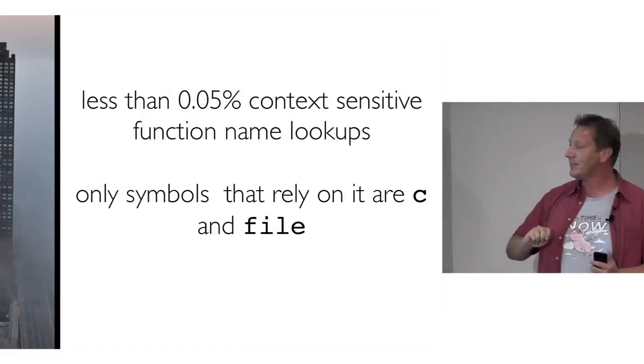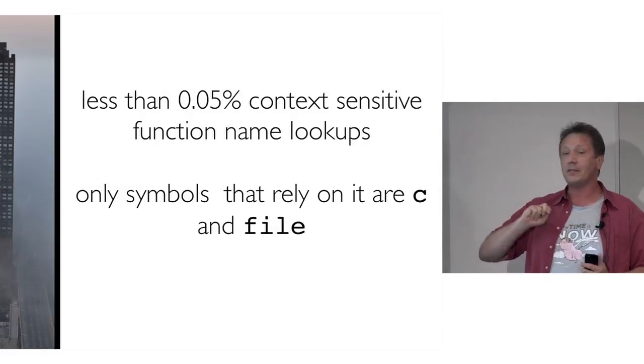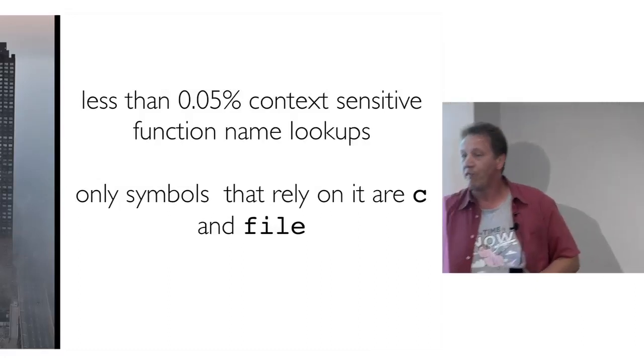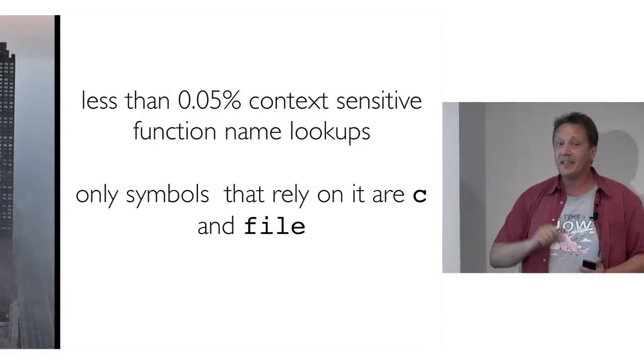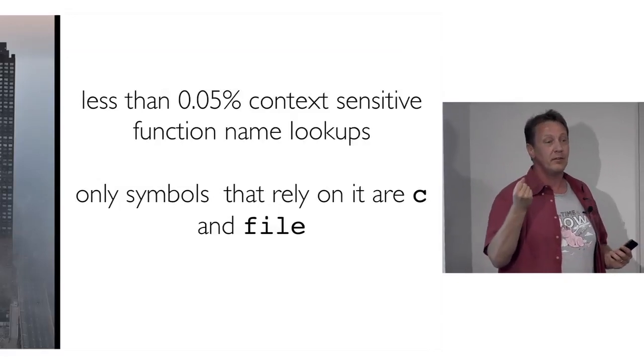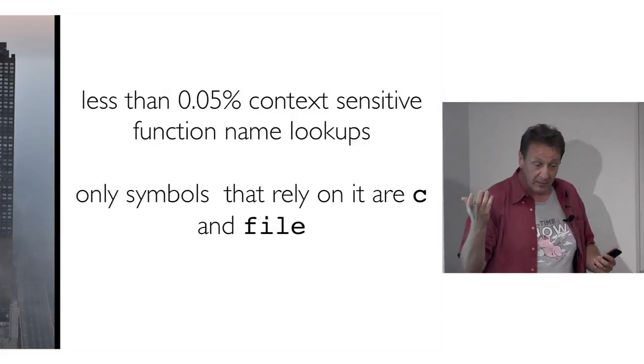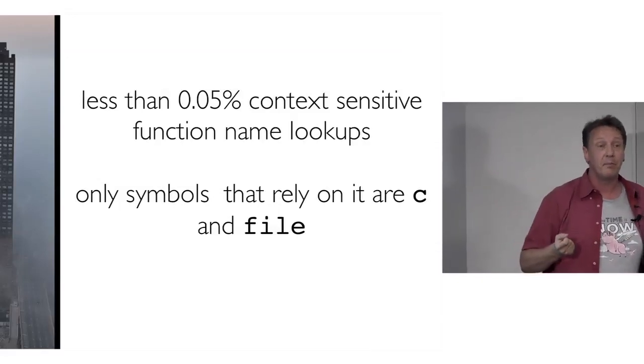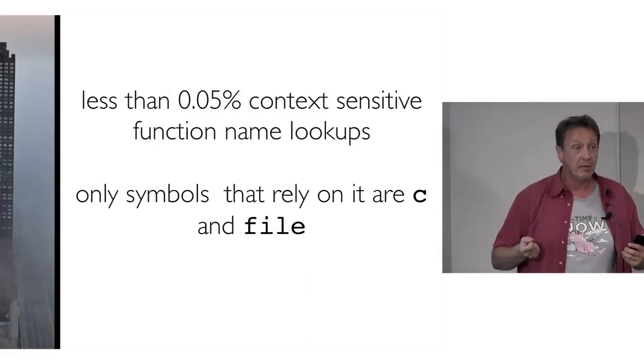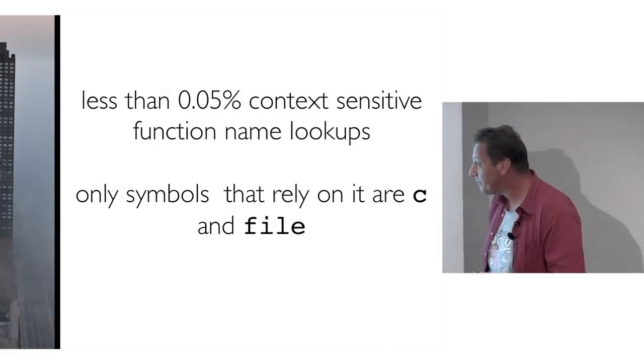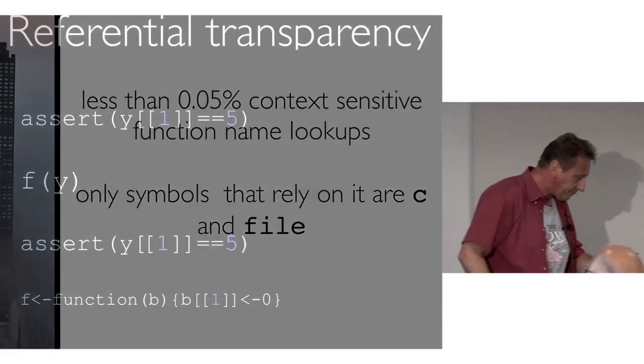The only 2 cases it's exercised are for the symbol C and the symbol file. Why? Because C is the one thing you need in a R program. It creates vectors. And it's also a very handy variable once you've used A and B. Same thing for file. Why choosing C?